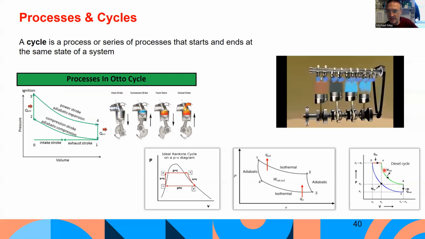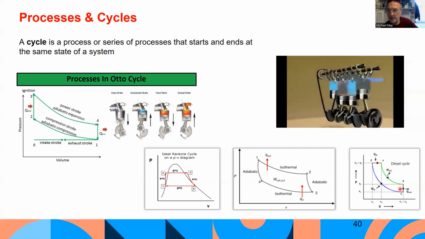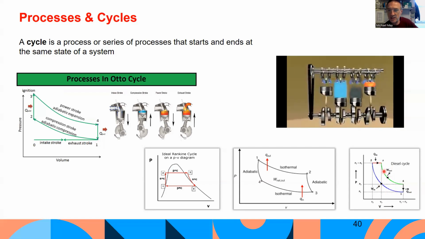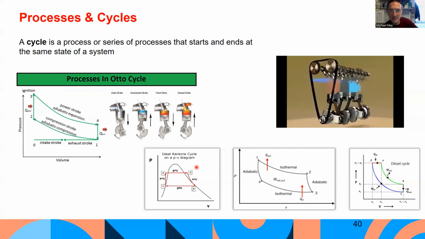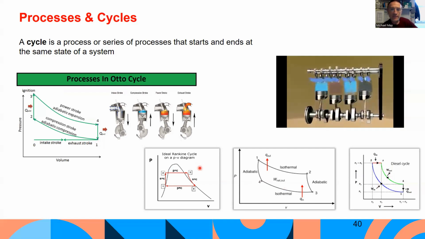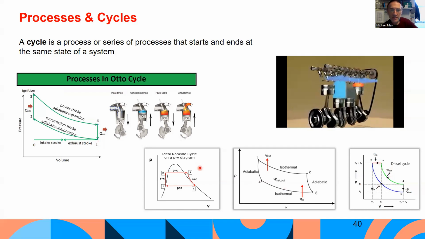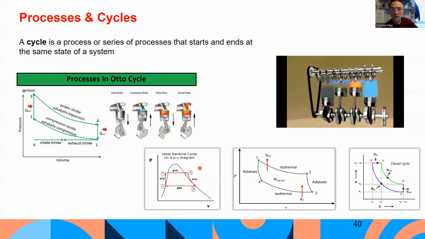Over here we have the diesel cycle that describes the thermodynamic cycle of a diesel engine, and here we have the Rankine cycle that describes the thermodynamic cycle that a power plant would undergo.